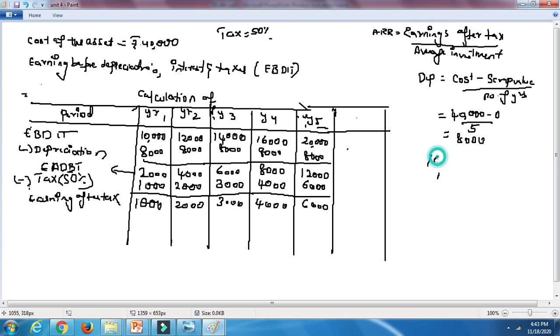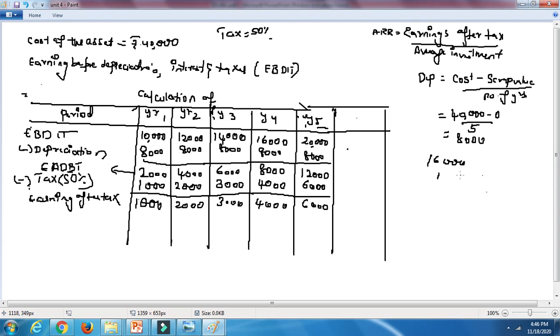16,000, you need to take out the average. So now for the numerator, ARR is nothing but earning after tax divided by average investment. How do we take out the average? We have added all of them: 6,000, 4,000, 3,000, 2,000 and 1,000.